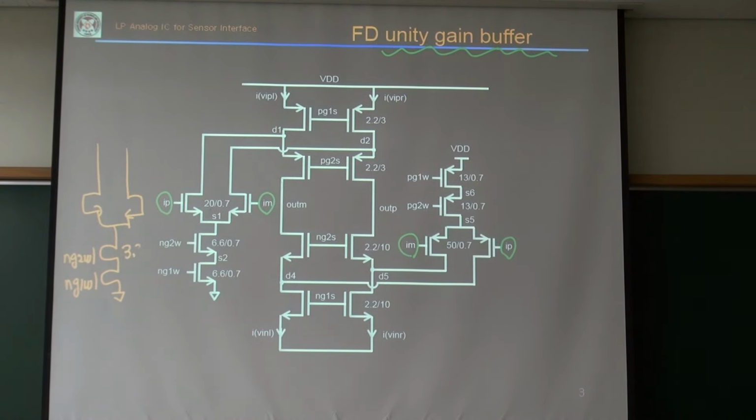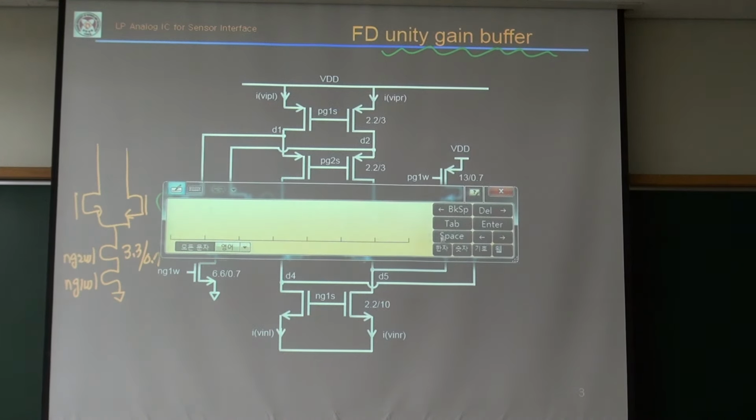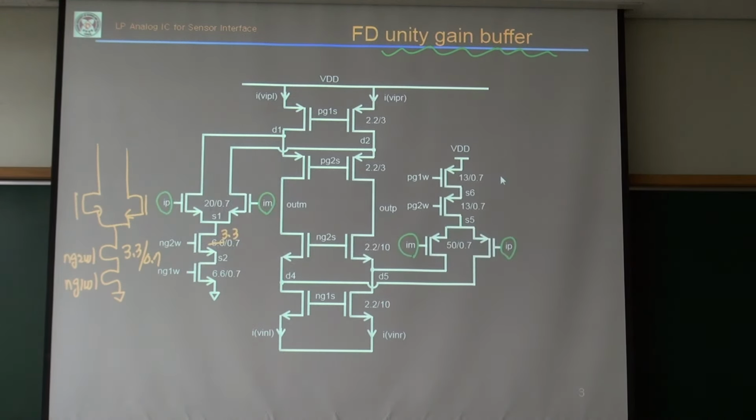We can make the same gm, the same input transistor. So this is connected to D1, and this one is connected to D2.